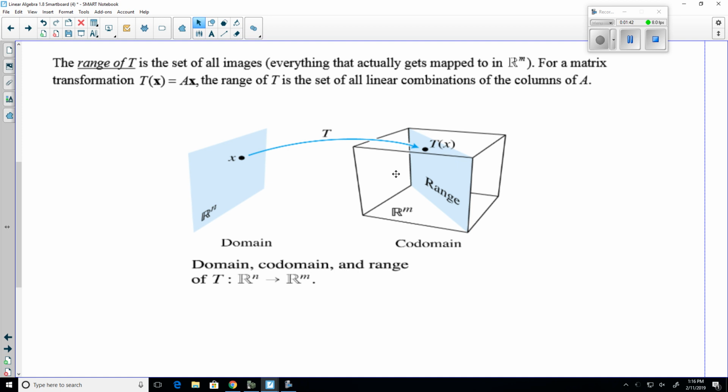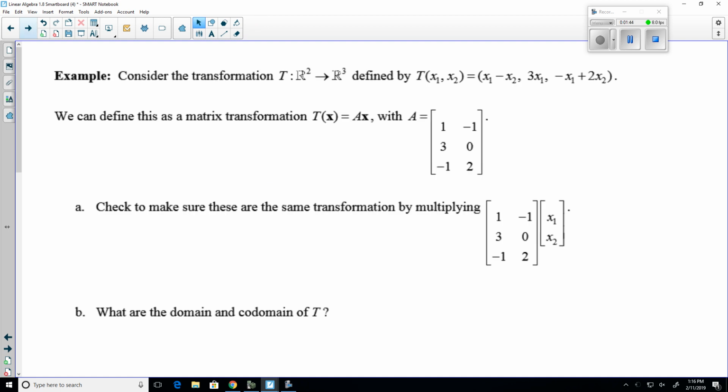Okay. And we are interested in these transformations that end up being just matrix multiplications. So if we can multiply a matrix to do the transformation, to evaluate the function per se, then that's what we call a matrix transformation.